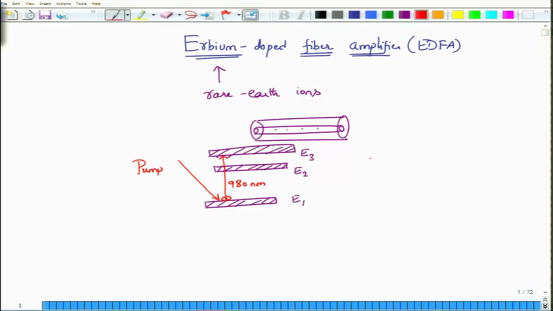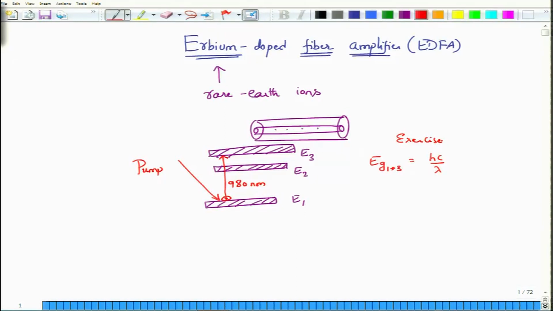You can calculate the energy gap between 1 and 3 using this equation. Since I know h, I know c, and lambda is given as 980 nanometer, you can easily calculate the energy gap, and I will leave that as an exercise to you.